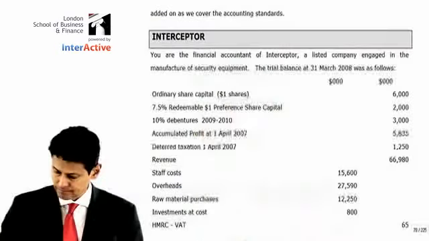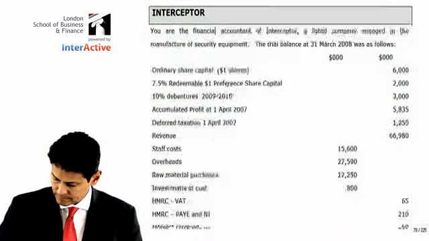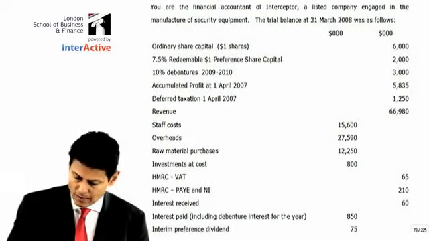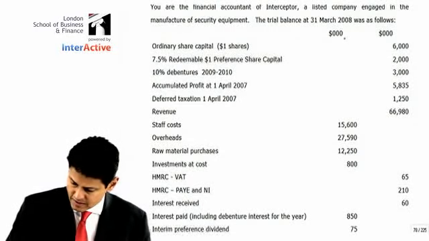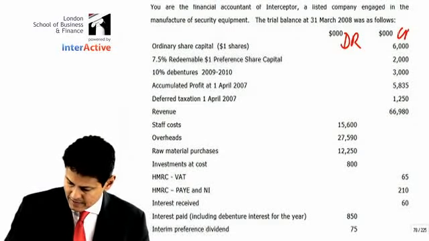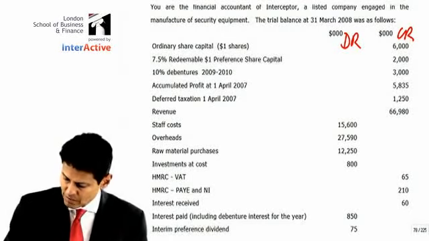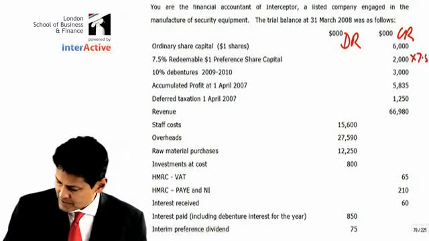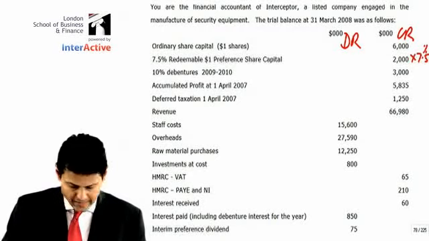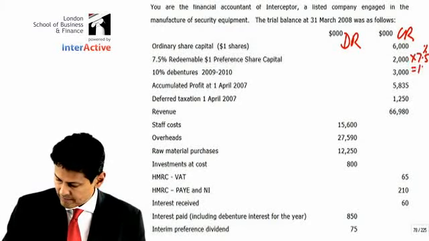So if I take you back to the question, what I was suggesting you do is call this a debit, this is a credit. If you multiply this by 7.5%, that is obviously 150.